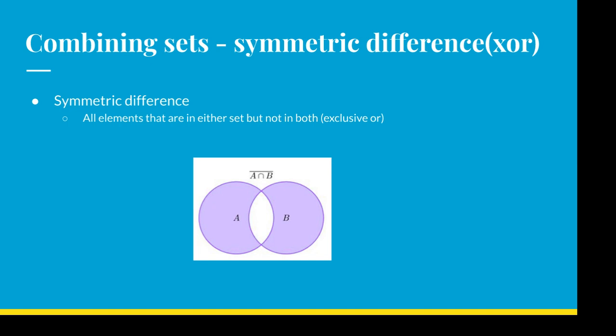It's like, I don't want to use the word minus because it's not really minus, but it's the difference between A and B combined with the difference between B and A. Right? It's like we take the union of those two differences, and that's our symmetric difference.